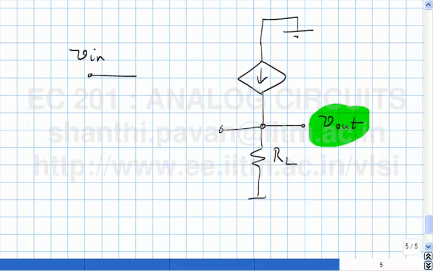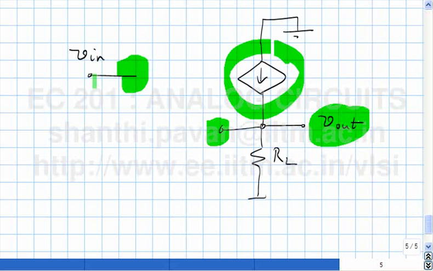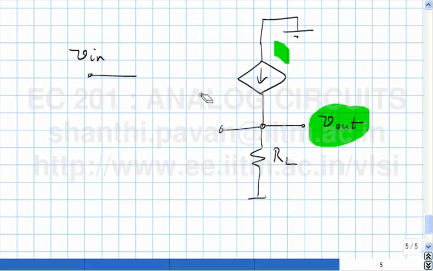And this current source here must be dependent on the difference between the voltages at V in and at V out. Correct? So it must be of the form Gm times (V in minus V out).